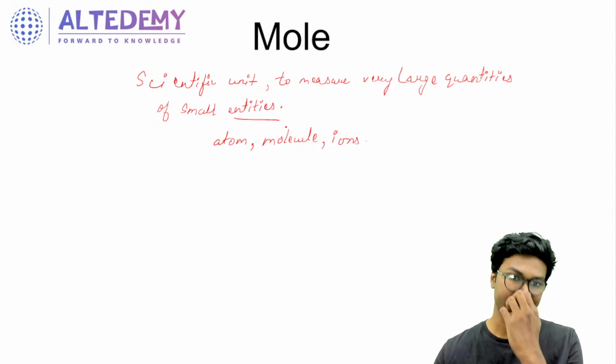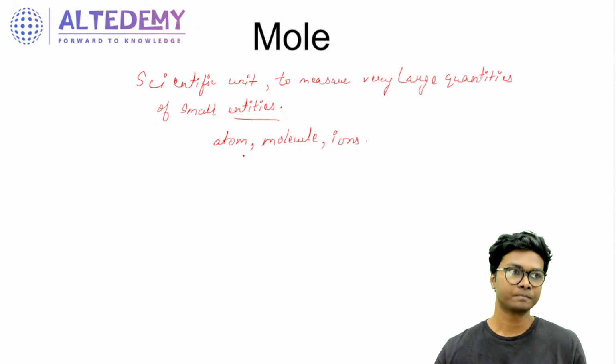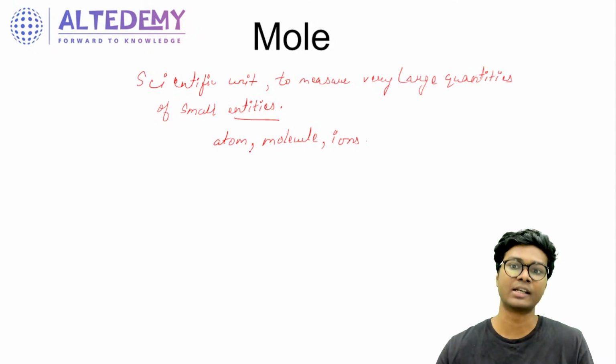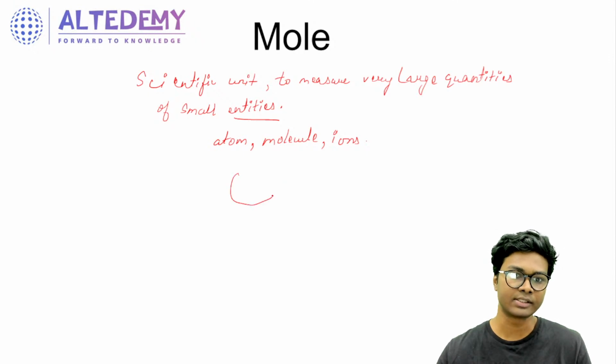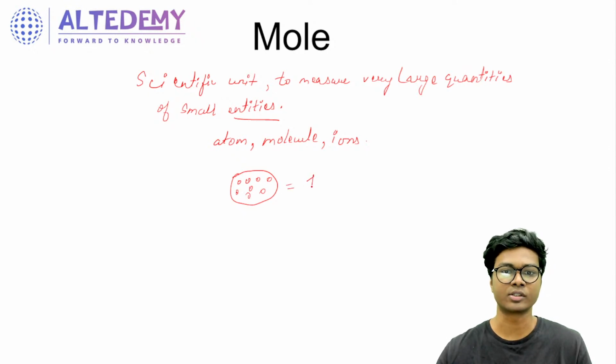Because the atoms are very small, naturally there are very large quantities of them. So to measure it, if there are so many atoms, this number of atoms we said is equal to 1 mole. Got it?